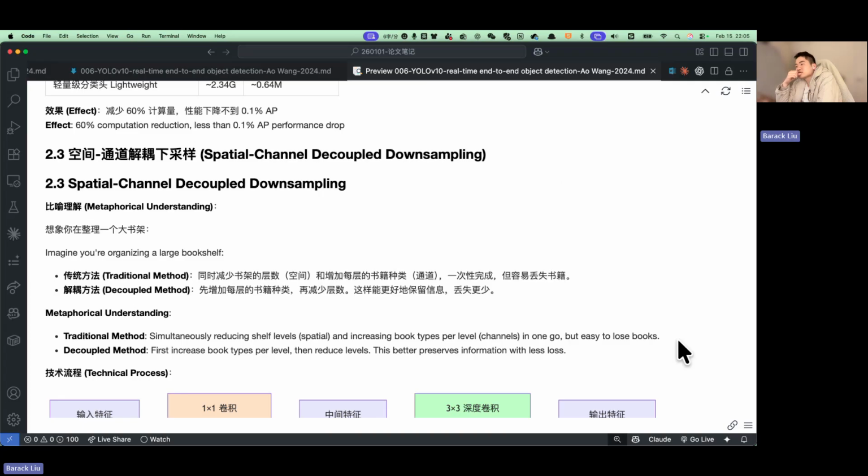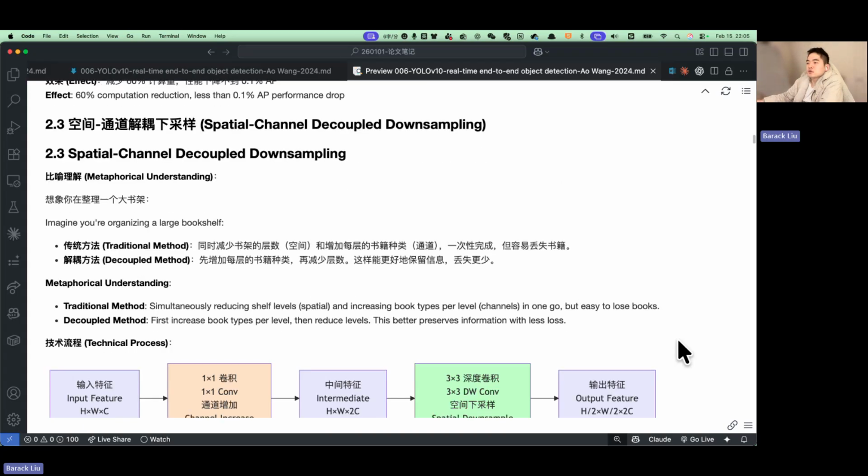And the decoupling method is to first increase books per level and then reduce levels. This better preserves information with less loss.